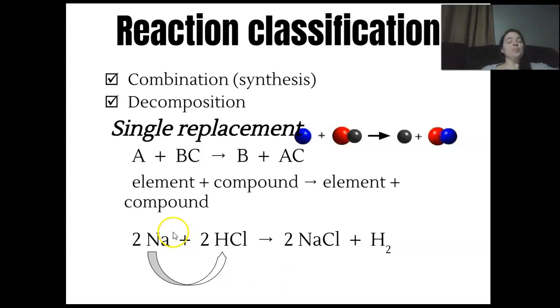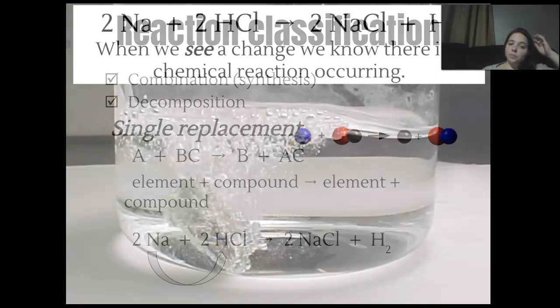For example, sodium and hydrochloric acid gives you sodium chloride and hydrogen. See how the positives switch out? So you have a positive switching out with a positive. Now, if I started with a negative, I would have to switch out the negatives. But right now, I have 2 positives. So sodium switches out with the hydrogen, which are positive, or the cations.